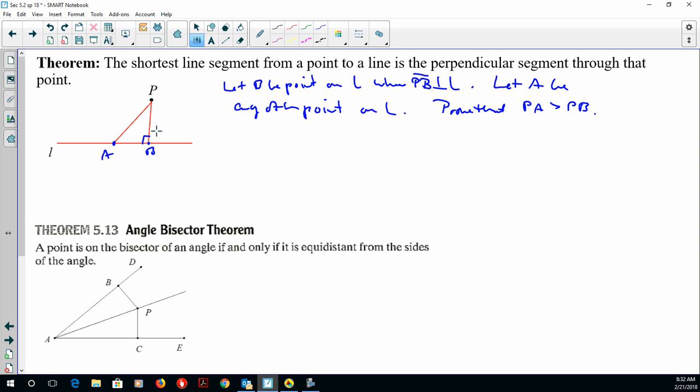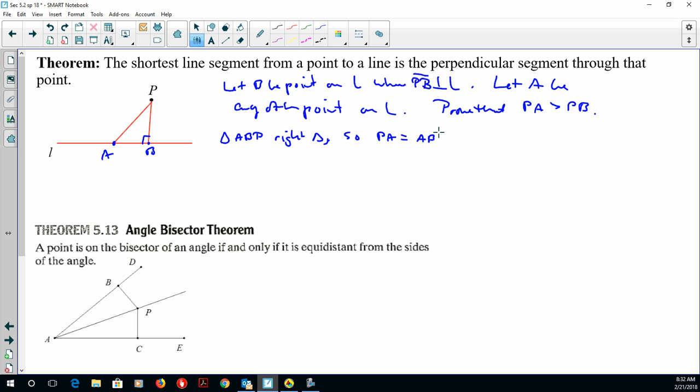So, because I have a perpendicular here, triangle ABP is a right triangle. Okay. So the Pythagorean theorem holds true. PA squared equals AB squared plus PB squared.